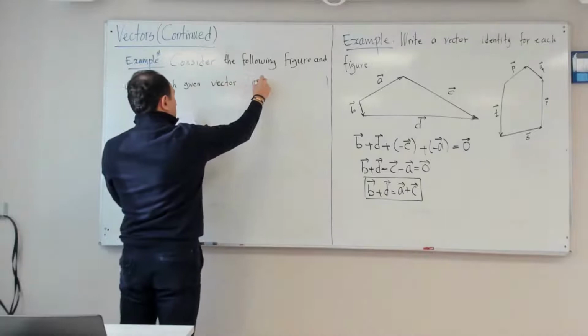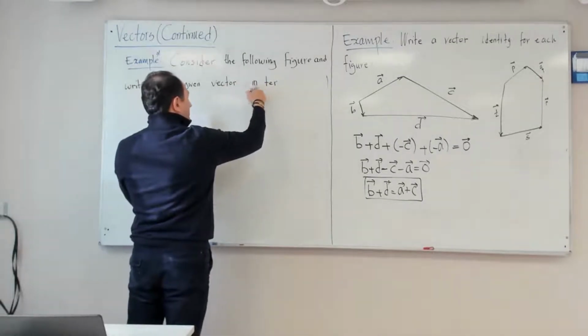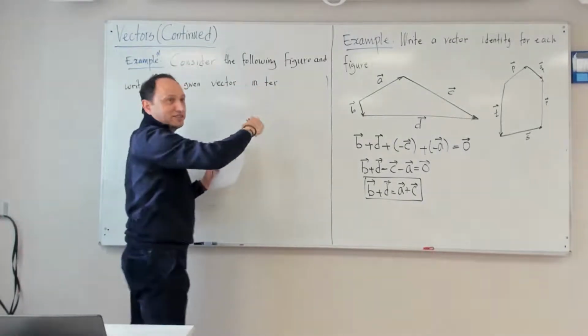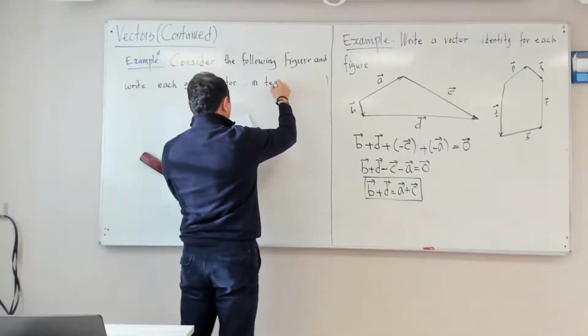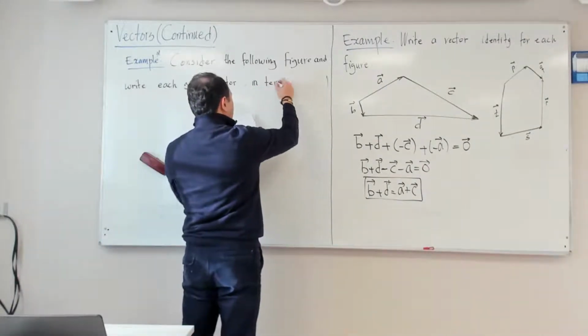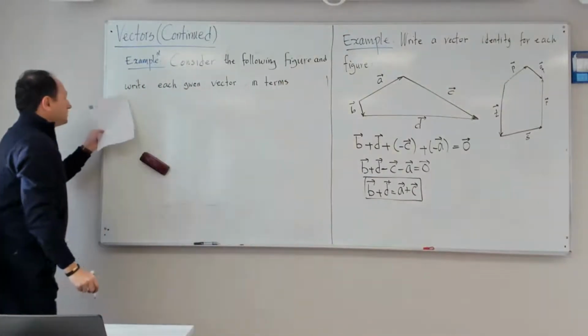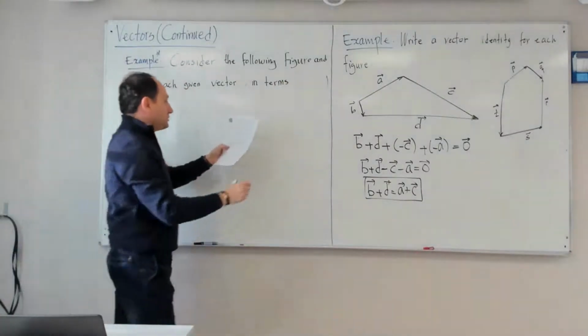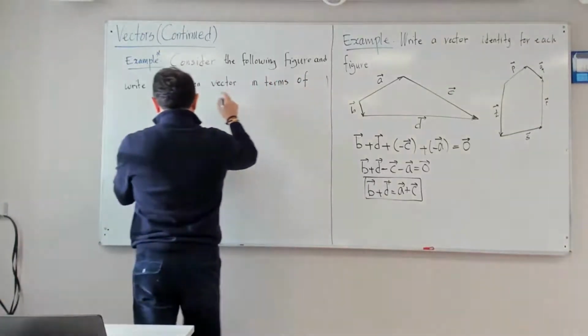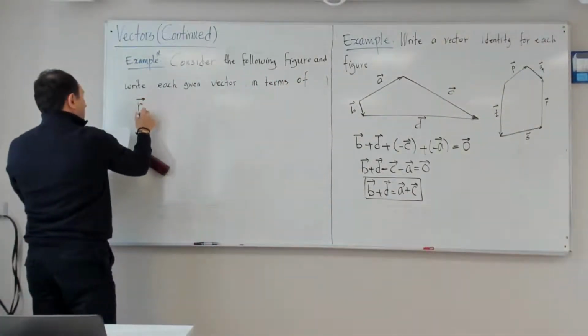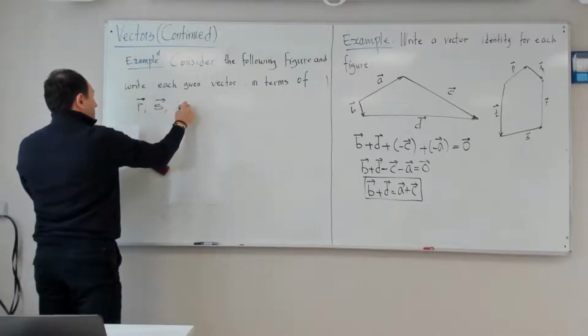This is a terminology I use a lot. You could put another picture of me and write in terms of this time instead of my convection, because I really use it so much. Okay? So write each given vector in terms of vector R, vector S, and vector T.